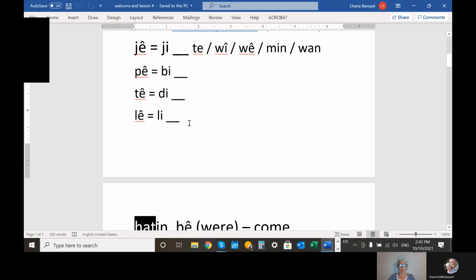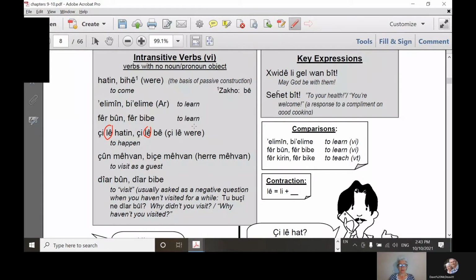So here we go. Lay is le plus like ta, we, way, min, wan, something like that. And again, we would consider to visit in English to be a transitive verb, but in Kurdish, it's not. And you simply conjugate chun, bicha, hara, and you put the word mehvan after it as part of the complex verb.